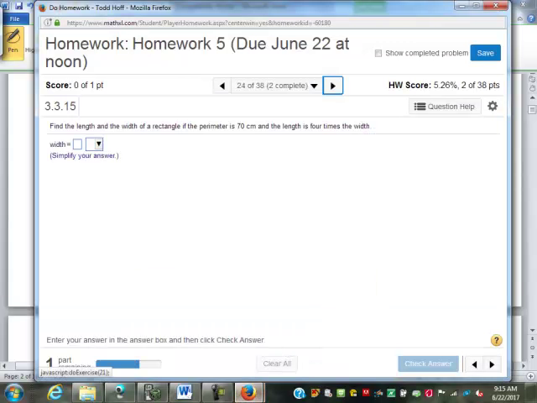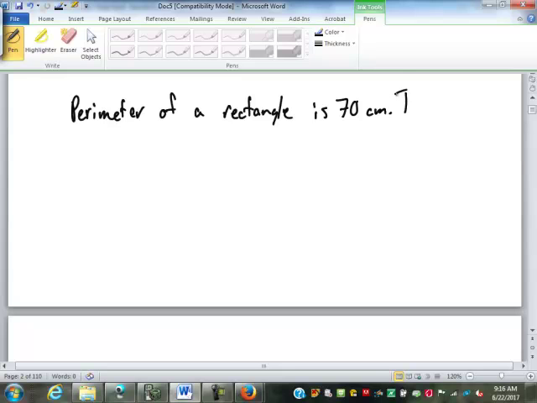Then it says that the length is 4 times the width. It wants you to find the length and width.